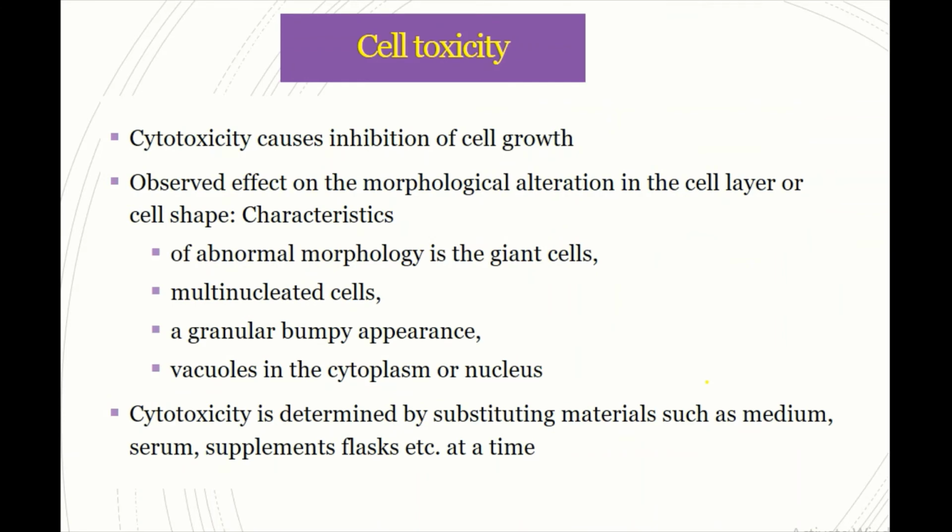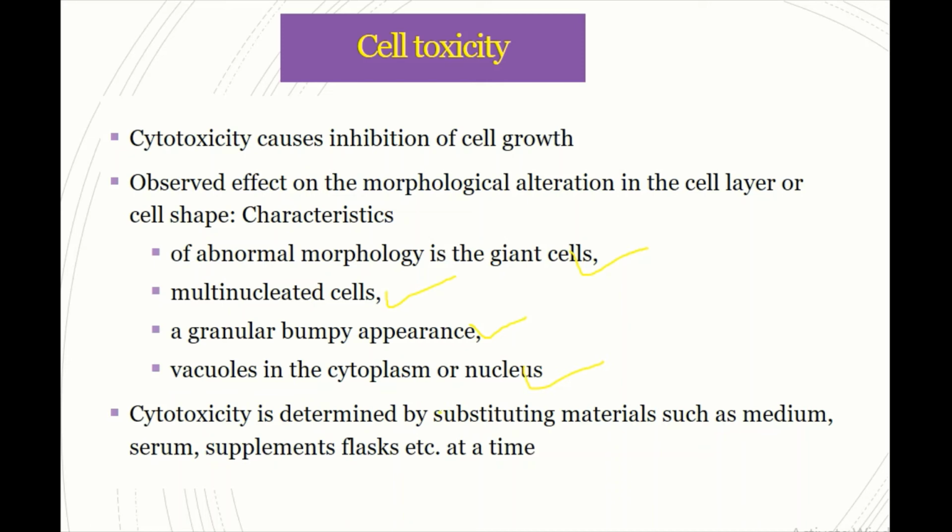We also have a problem of cell growth inhibition in cultures, usually caused by cytotoxicity, and it is evidenced by morphological alteration in the cell monolayer or in the cell shape. It can be characterized by abnormal morphology of cells, for example, having giant cells or multinucleated cells, or having a bumpy granular appearance on our cell monolayer, or having vacuolization in the cytoplasm or the nucleus.